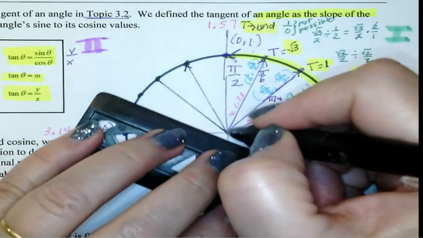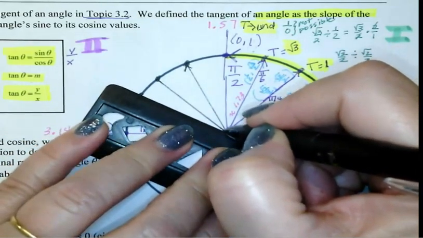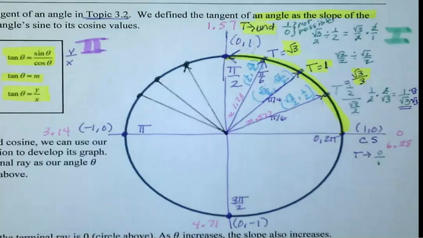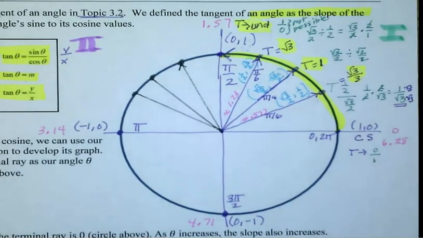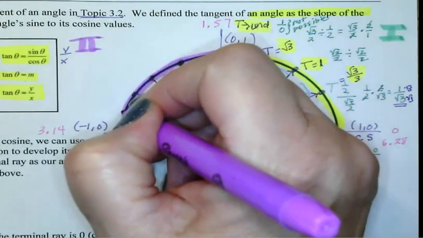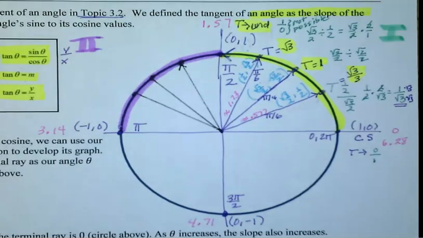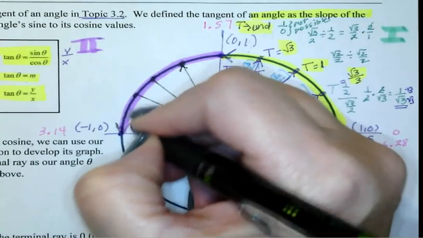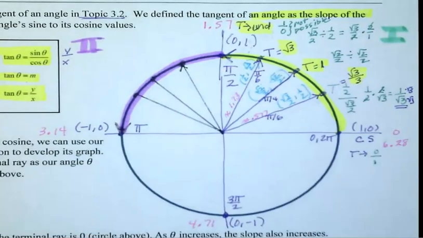And then the third one in this quadrant, we're analyzing the behaviors as they move from pi over 2 down here to pi. So we're moving around from here to here, and we're still moving in a counterclockwise direction. So we're talking about this piece of the circle and that ray right there.